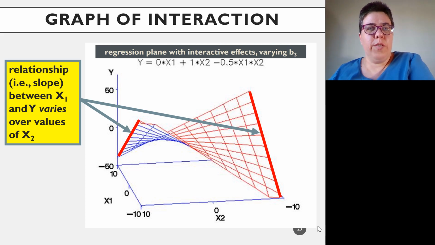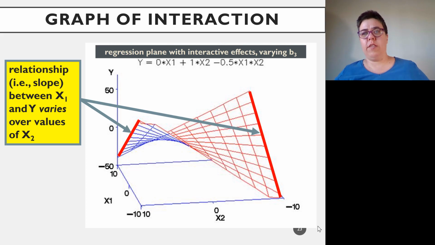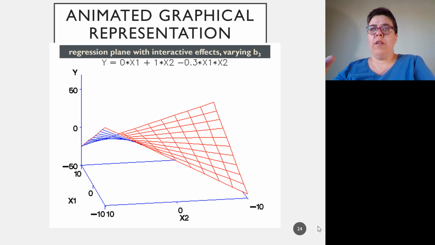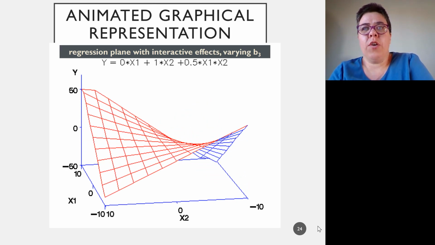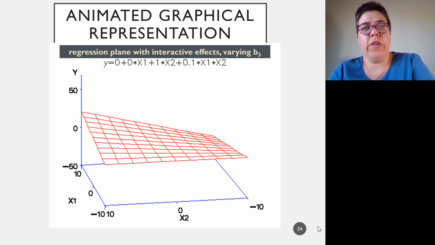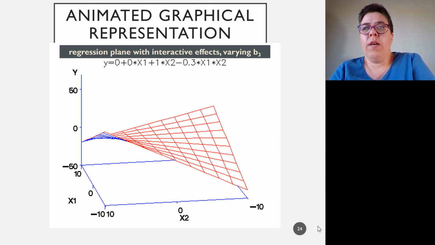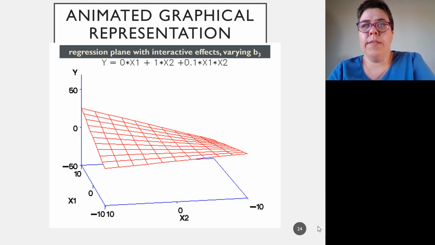So this visual representation shows the interaction in regression as a static image. This next section is an animation that shows the interaction at the top there changing and warping the regression plane. For some people, this is really confusing and you just want to avert your eyes.